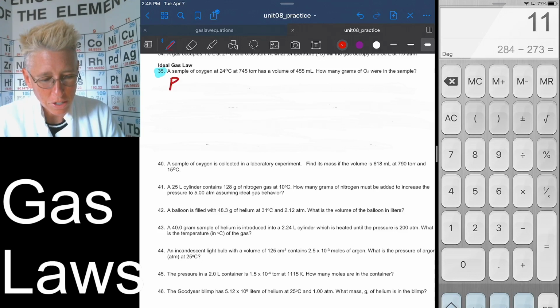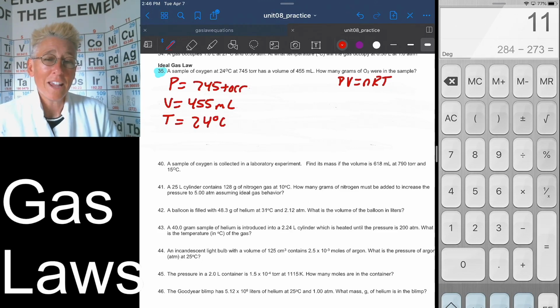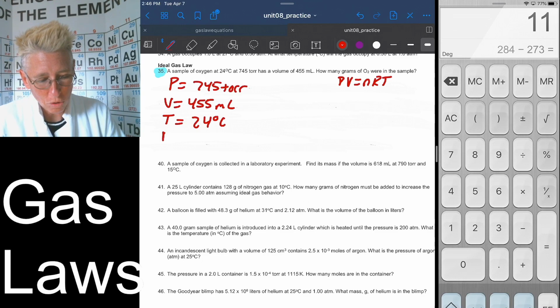So I'm given a pressure of 745 torr, a volume of 455 milliliters, and a temperature of 24 degrees Celsius. Okay, and if it is the ideal gas law I'm working with, which is PV equals nRT, then I have to see, do I have an n, which is moles?